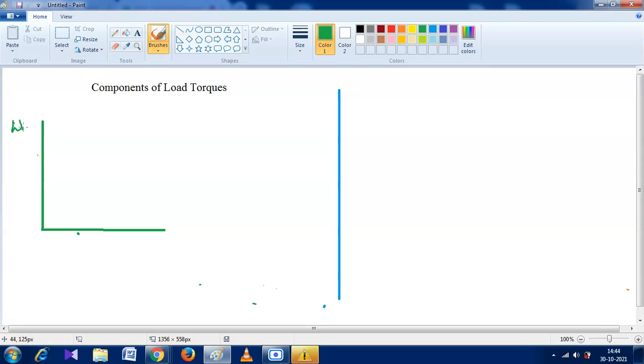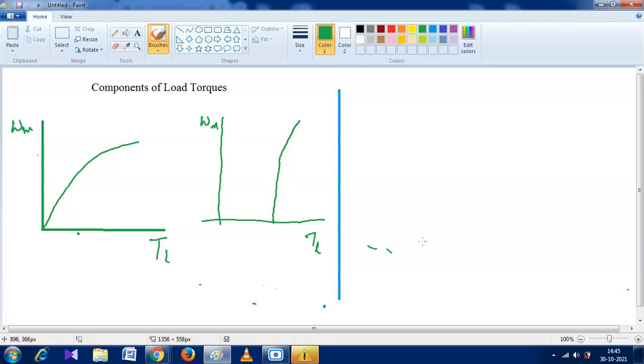This is omega m, and this is t, say, tl, and the nature is like that. Say another, if we draw this is omega m, this is tl.